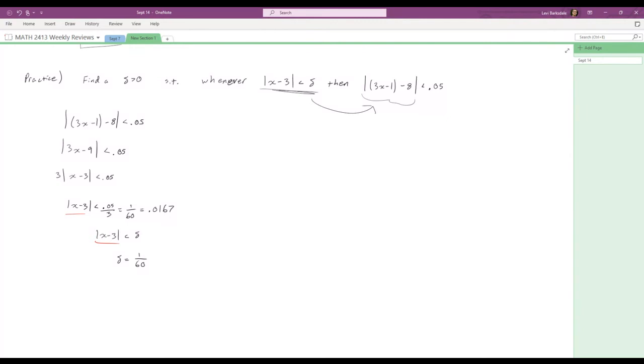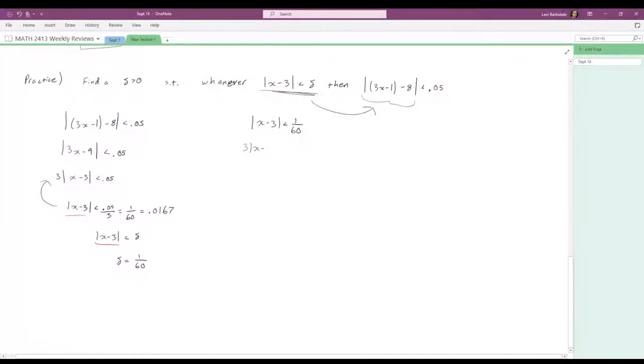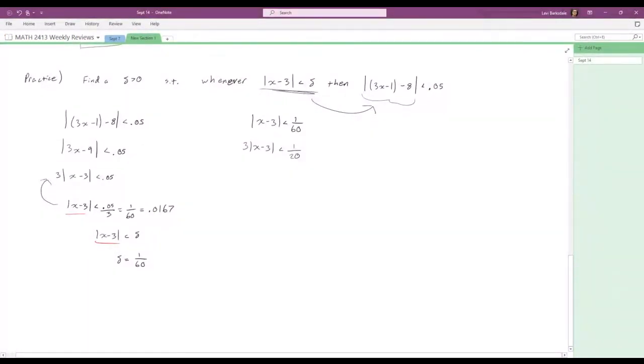Now let's also go ahead and verify it since we're already here. So we start with |x minus 3| is smaller than 1 over 60. Now remember, I want to work backwards. The last thing I did to find my delta was divide by 3, so the first thing I'll do is multiply both sides by 3. 1 over 60 times 3 is 1 over 20, which is also equal to 0.05. I pulled my 3 out of my absolute value, so now I'm going to distribute it back in.